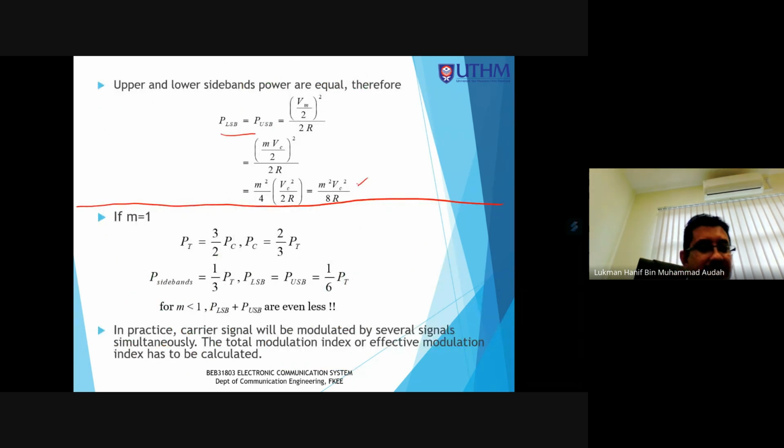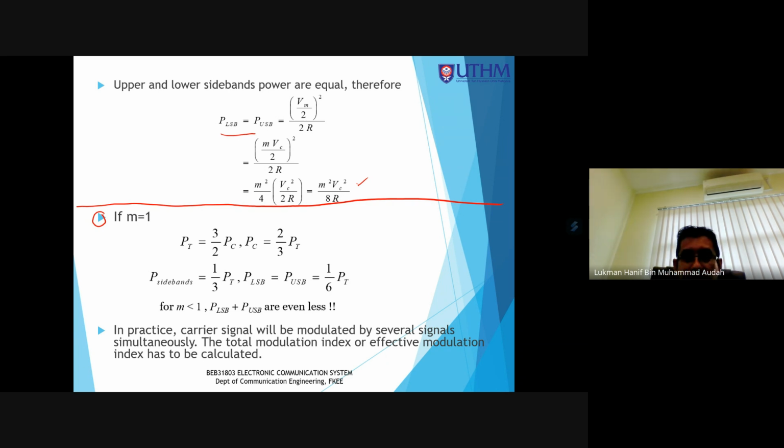And then, if you see the equation below, it answers the statement given in the AM disadvantage. Here you're going to see why AM is considered a waste of power.